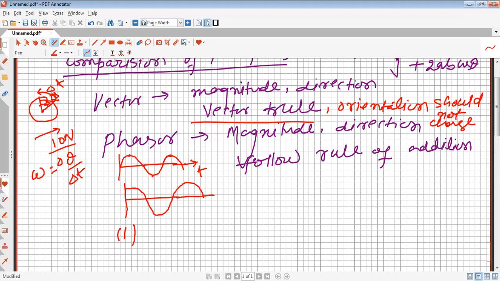Angular velocity is a vector only if this angle is very, very small. Because if the angle is very small, then the orientation will not change. If this angle is very big, we can take the example of a book. Suppose a b c d is a rectangle, like this.